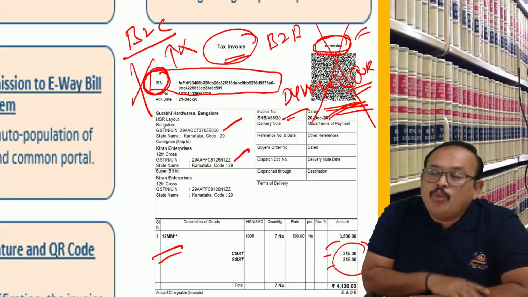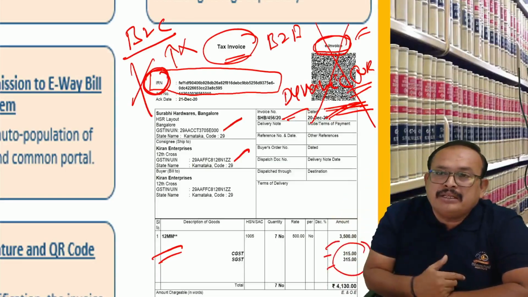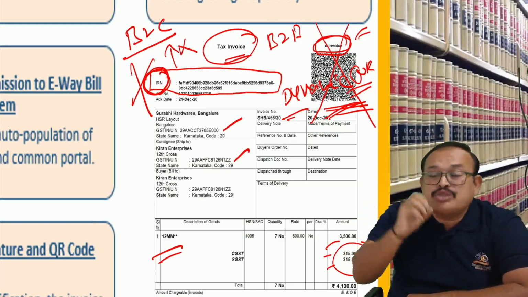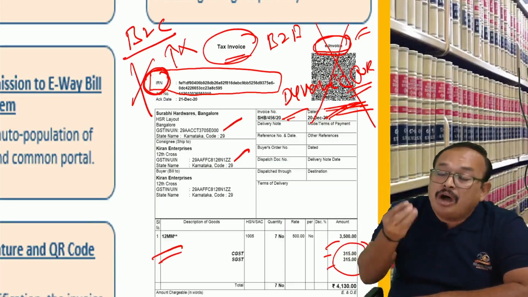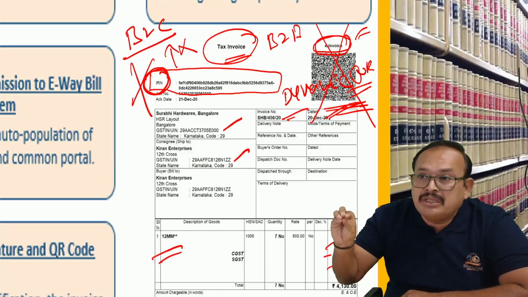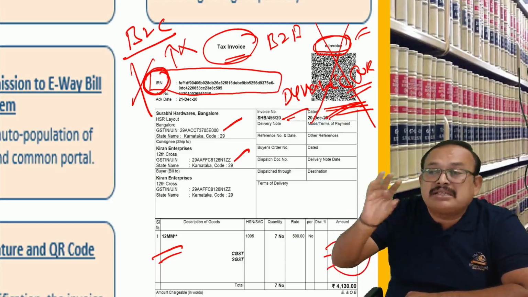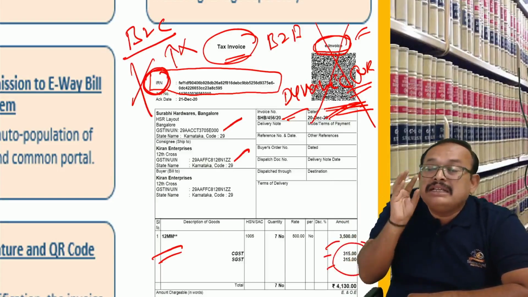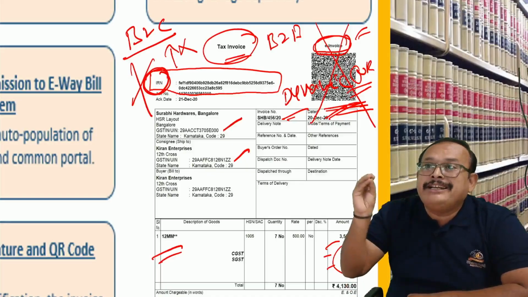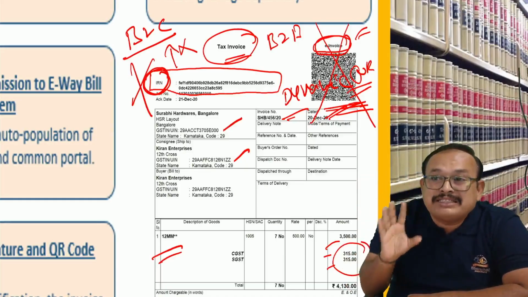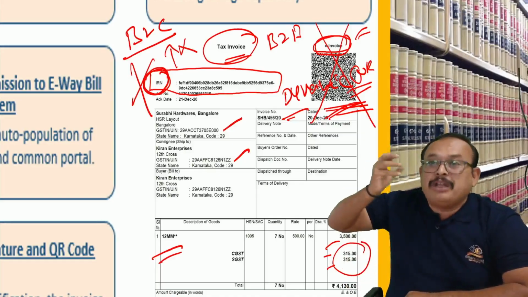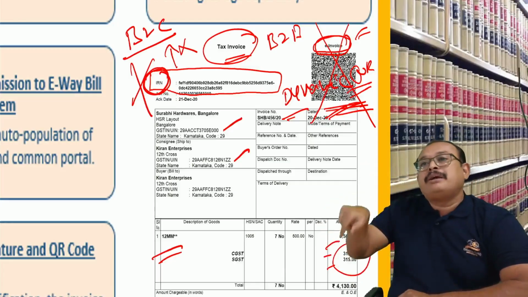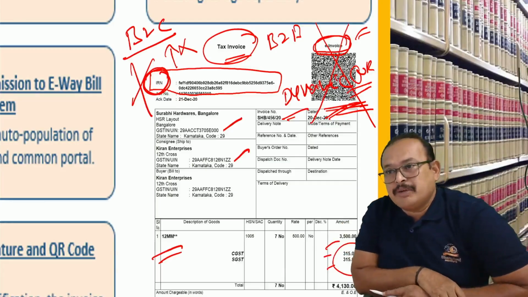Is that clear? What about interstate supply, sir? For interstate supply also, the value of invoices can be shown as consolidated values in the GSTR-1 return tax rate wise, with one condition: each invoice should not exceed 1 lakh rupees. If it exceeds 1 lakh rupees for interstate supply B2C transaction, each invoice should be shown separately, buyer name wise, invoice number wise.